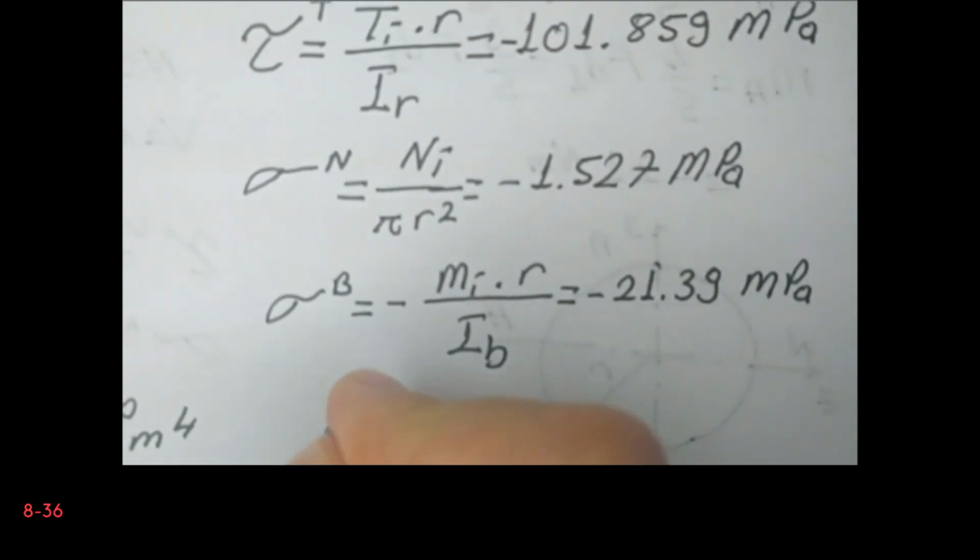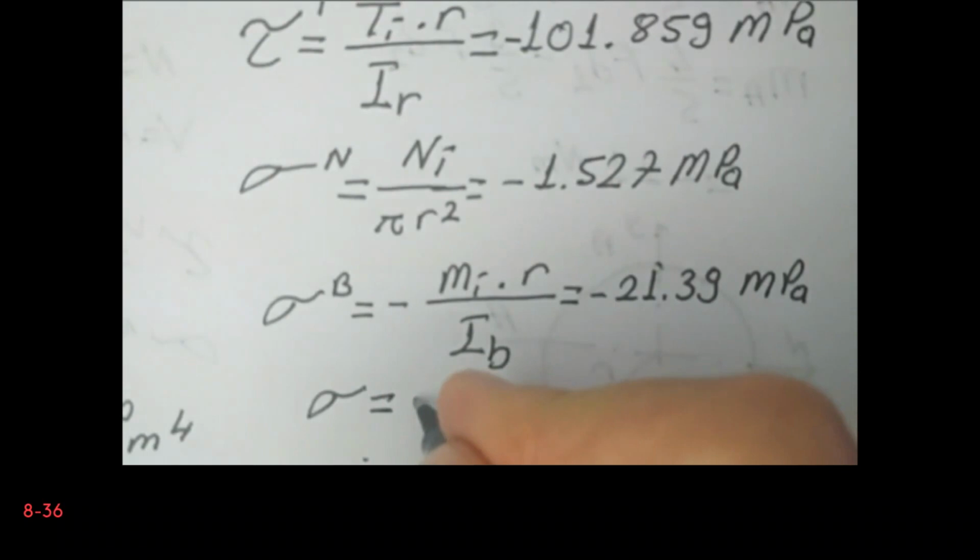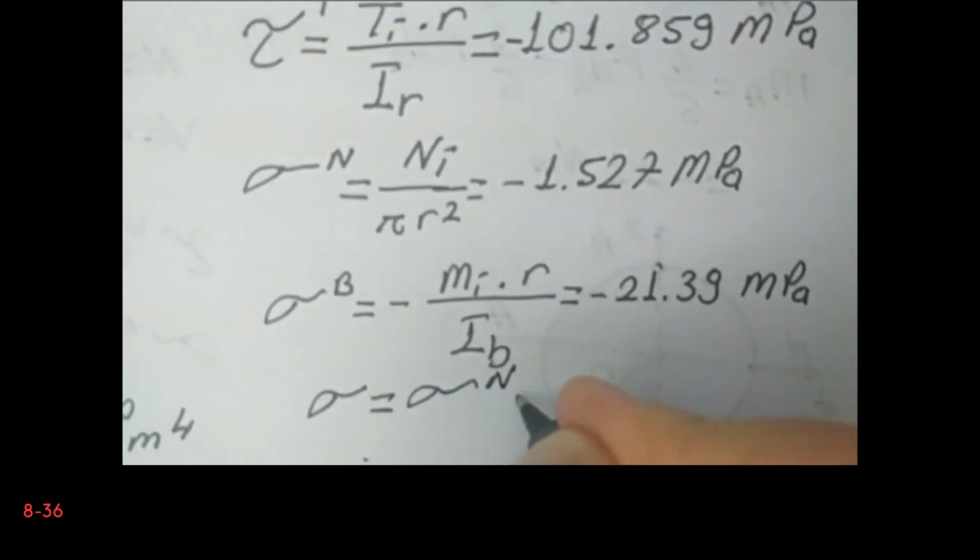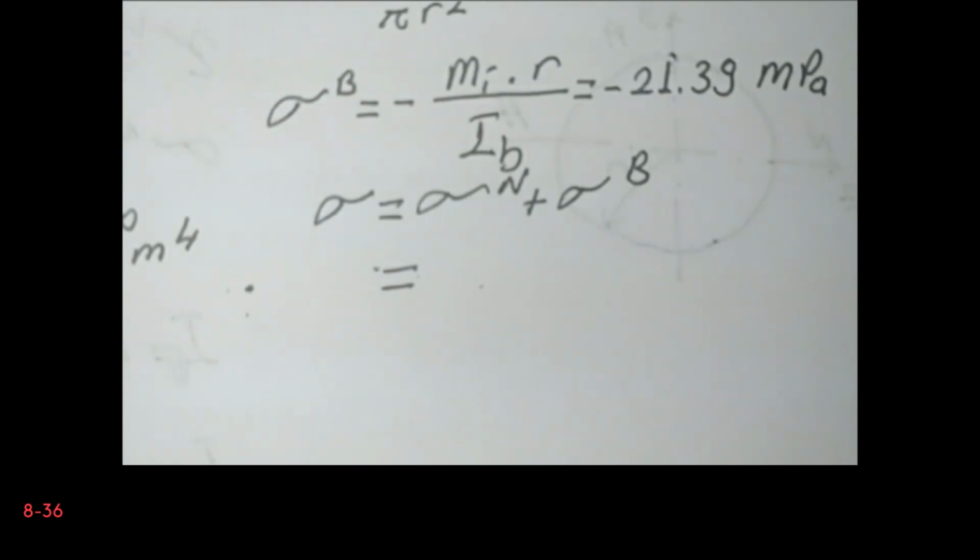So the stress in the normal direction for point A is equal to sigma n plus sigma b, and the value is minus 21.543 megapascals for this cross section.